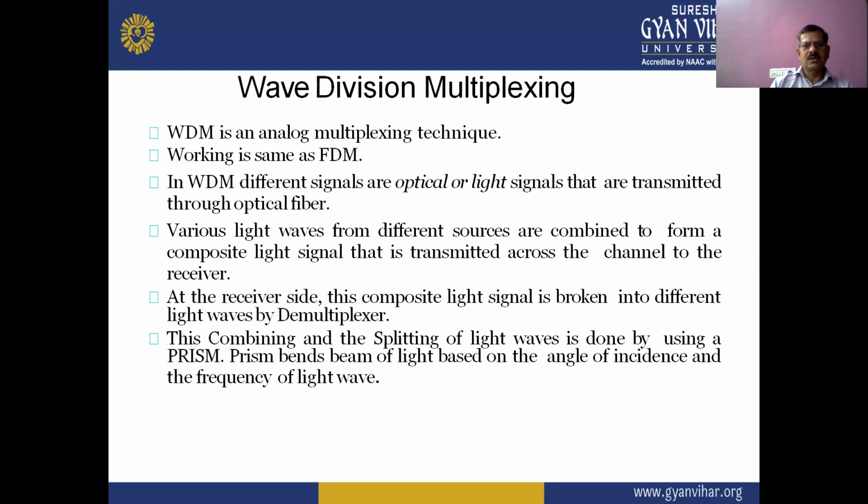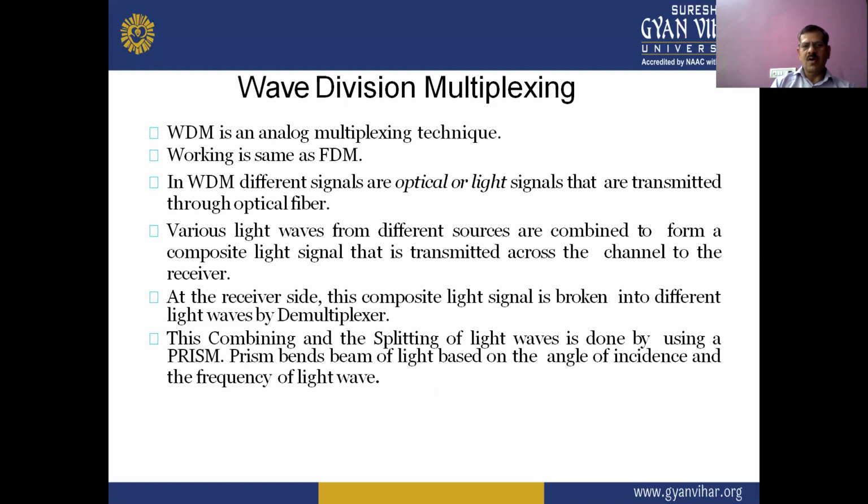On the receiver side, this composite signal is broken into different light waves by the demultiplexing technique. This combining and splitting of light waves is done by using a prism.